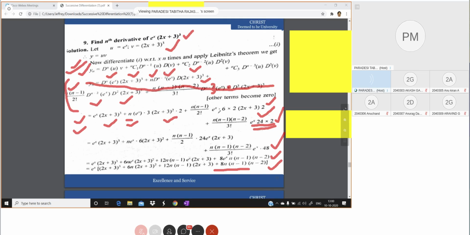Then we will again differentiate and get 6 into 2 into the derivative of 2x plus 3, another 2. So 6 into 4, 24 is already there with us. Next, the derivative of 2x plus 3 will just give us a 2.